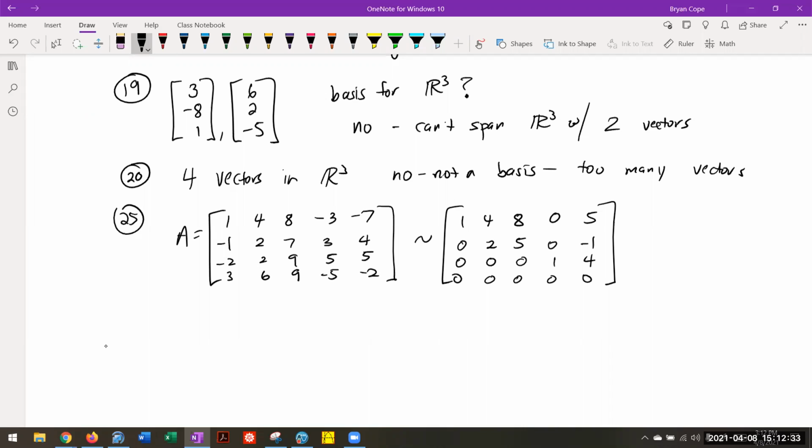A1, A2, A4. See the pivots? The pivots are here, here, and here. So a basis for Col A is A1, A2, and A4.